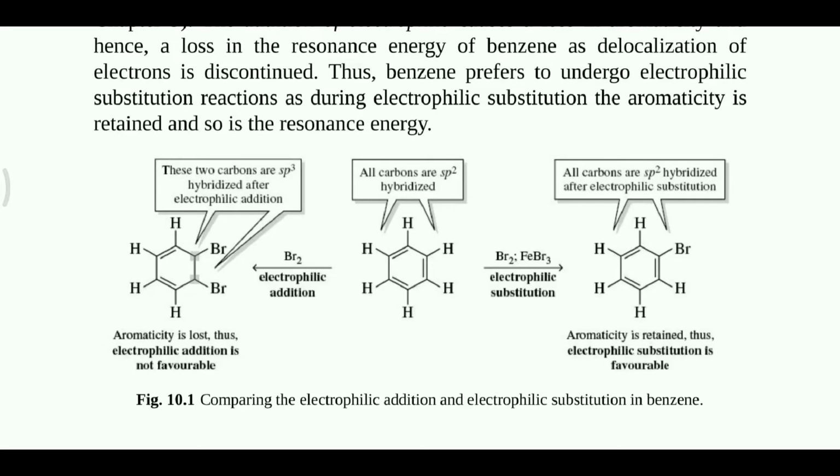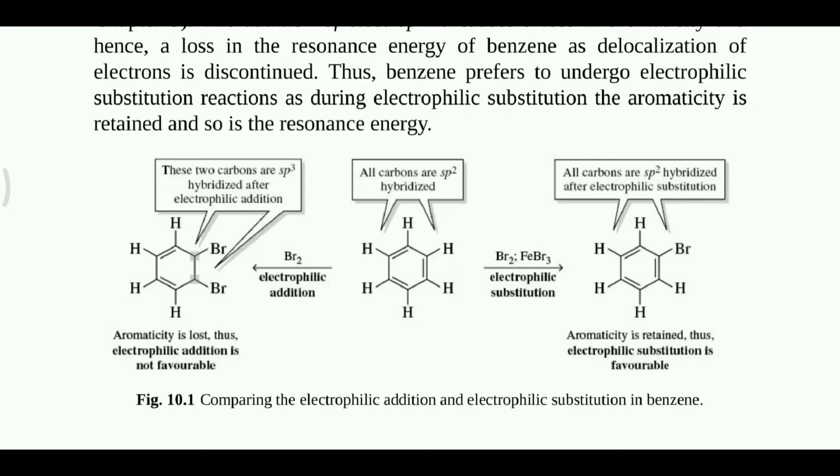Now what is happening in the case of an electrophilic addition reaction? What is happening in additions? There is just addition of your electrophile compound. There is no removal of any atom from your organic compound, right?